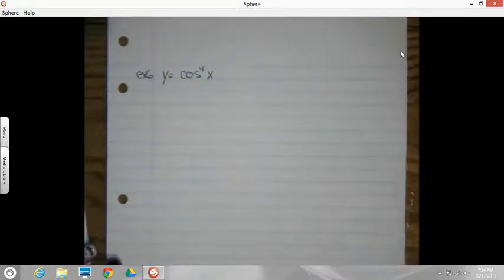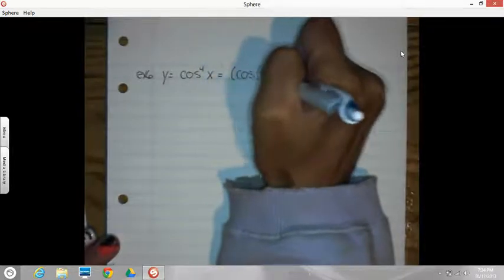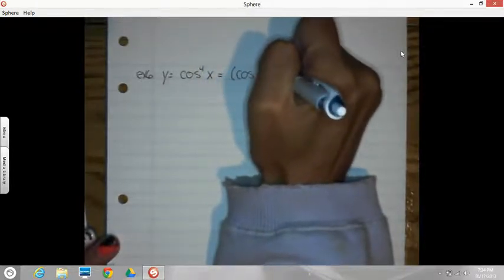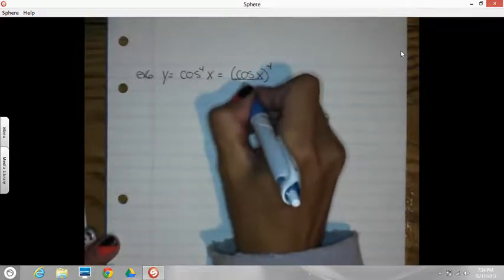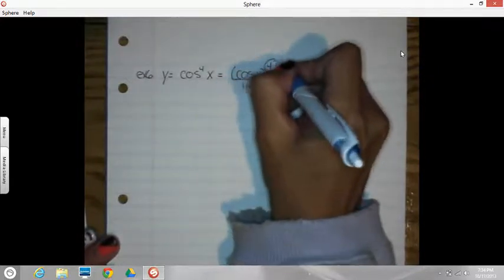Example 6. Y equals cosine to the 4th of x. Anytime I see that power there, I always rewrite it with the parentheses, otherwise I'll make a mistake. Now I can definitely see this is my inside, this is my outside.